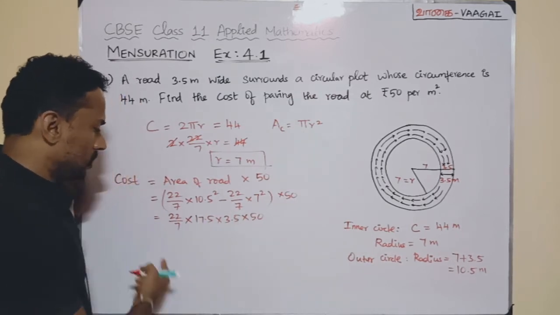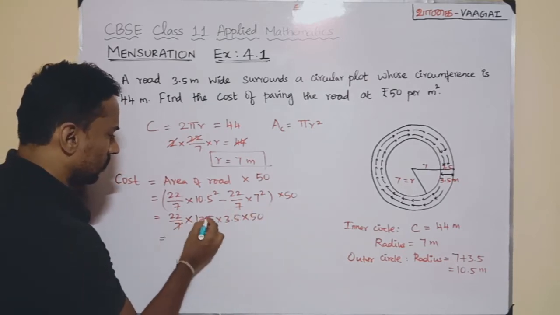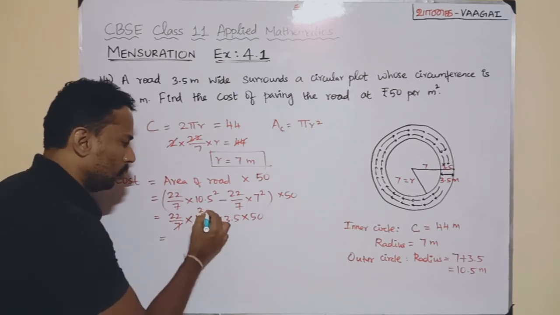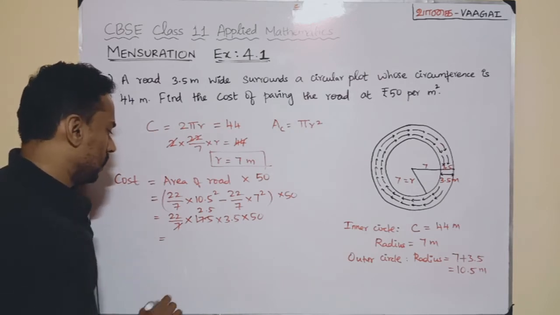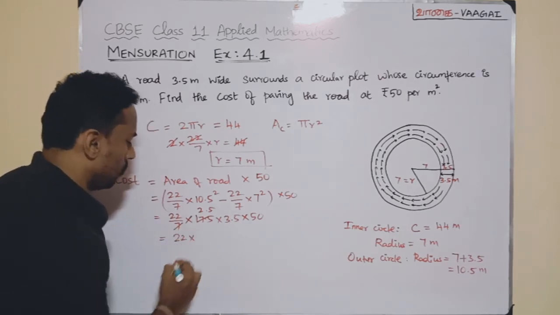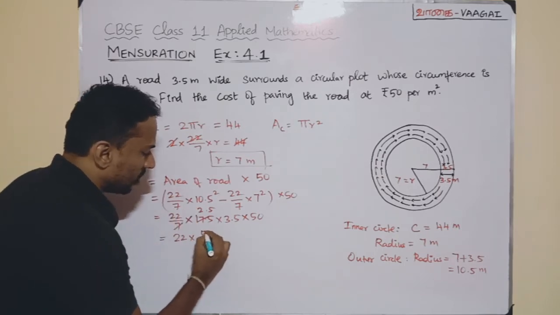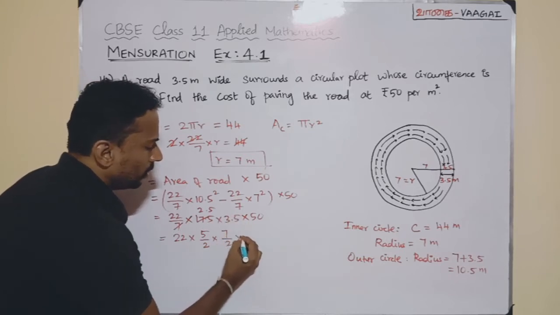Now all we need to do is just get this product. If you want, you can simplify anywhere. So first I will cut this 7 and 17.5. It will be exactly 2.5 times, correct? Next, 22 into, okay, let me change the decimals. 2.5, let me write it as 5 by 2 into 3.5, which is nothing but 7 by 2, multiplied by 50.